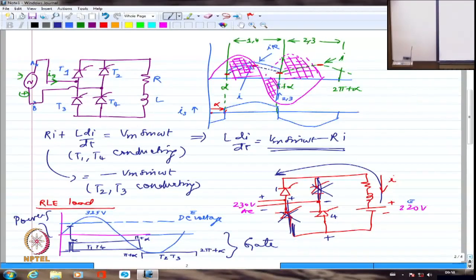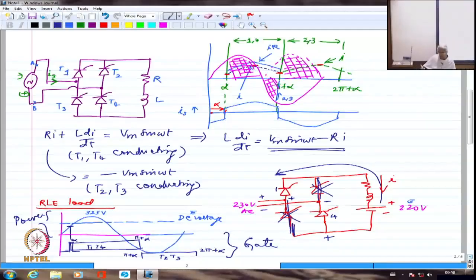So all the single phase SCR controlled circuits will have a pulse width of normally 180 degrees. When we come to 3-phase, we will see it will be 120 degrees. As a rule, single phase thyristor phase controlled circuits will always have 180 degree pulse width, whereas 3-phase controlled circuits with thyristor will always have 120 degree pulse width. We'll look at why.